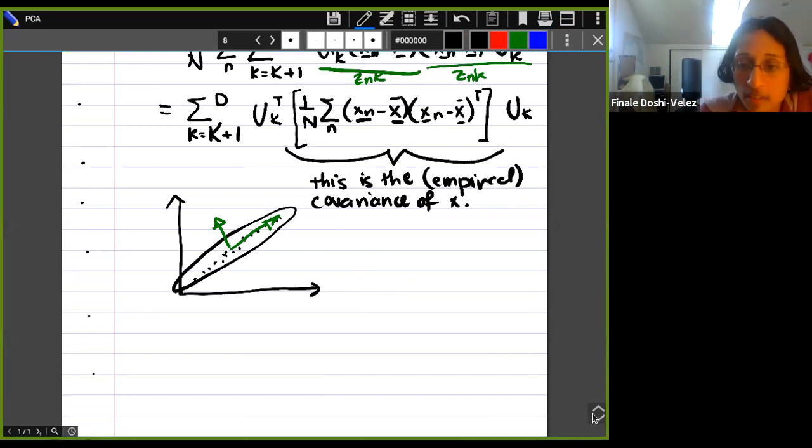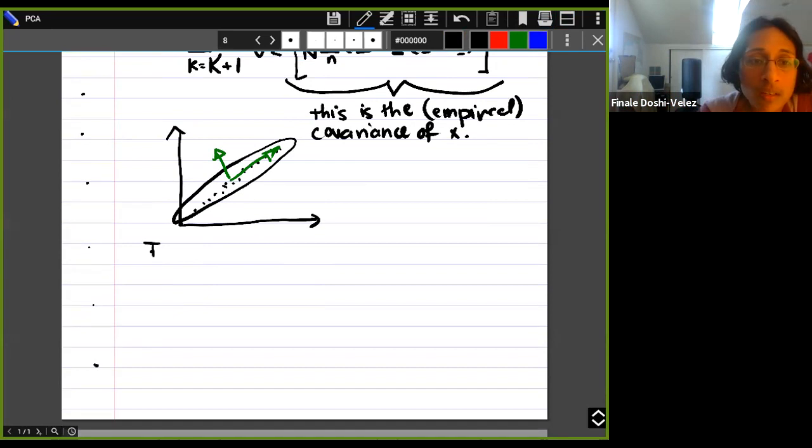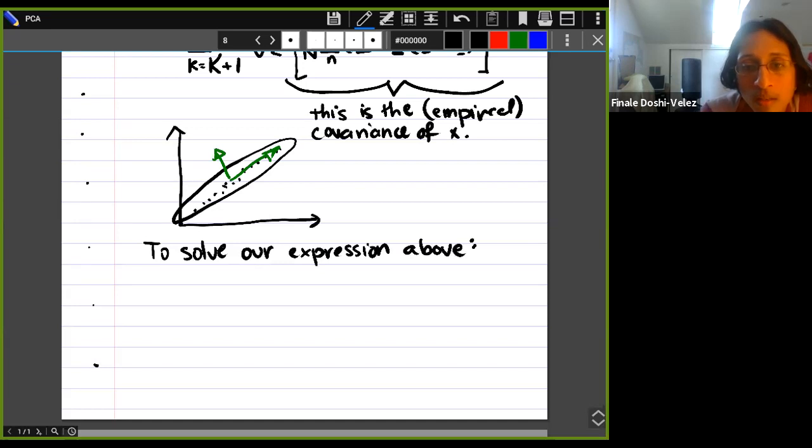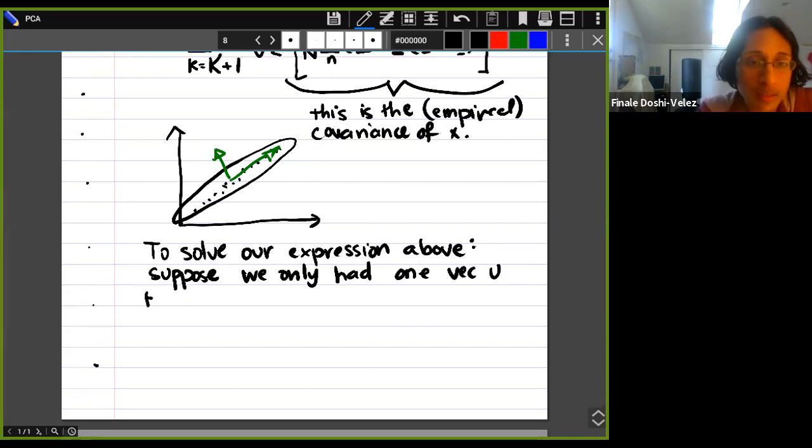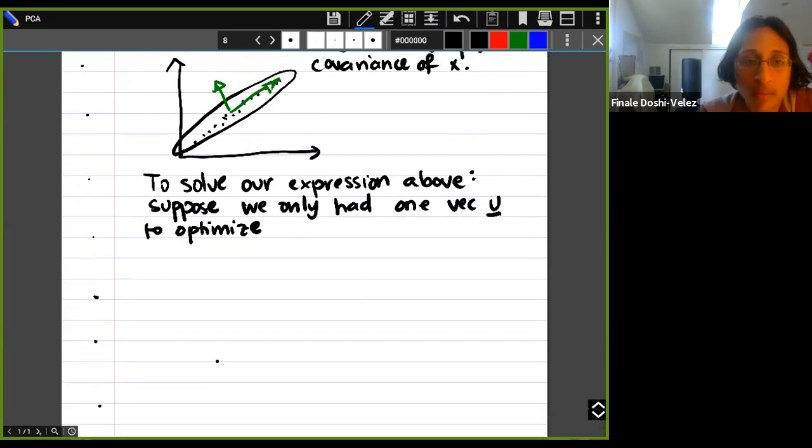All right, so to solve, suppose that we only had one vector u to optimize. We're just trying to solve for a single direction u that's going to end up being the best direction.